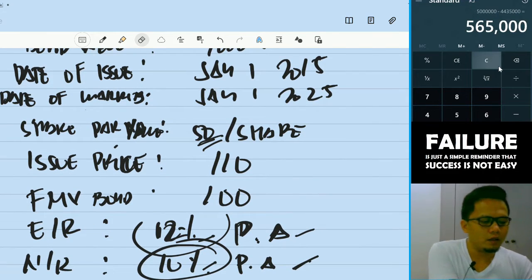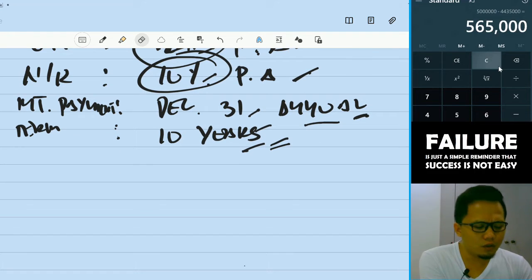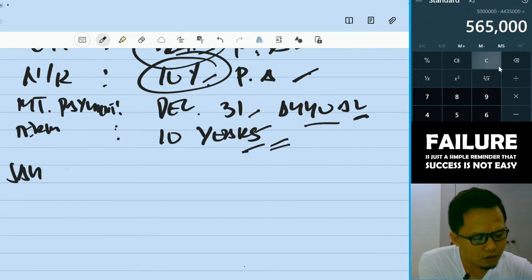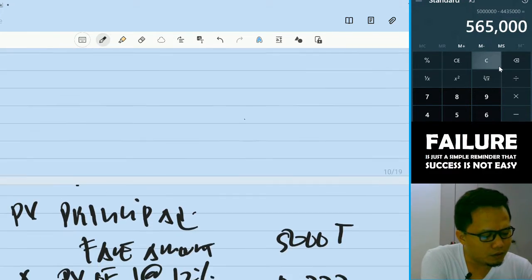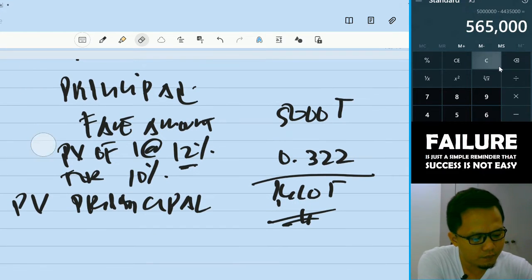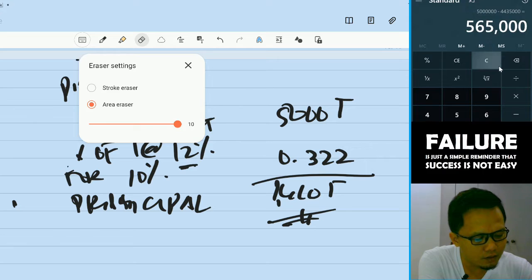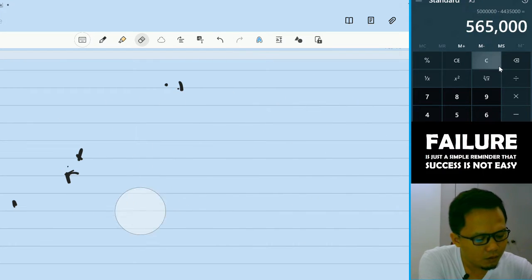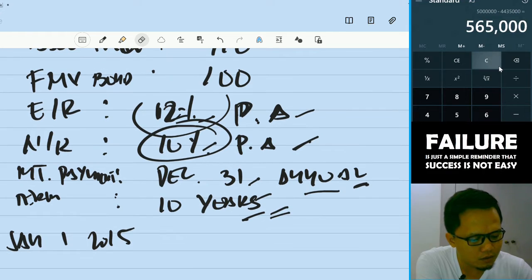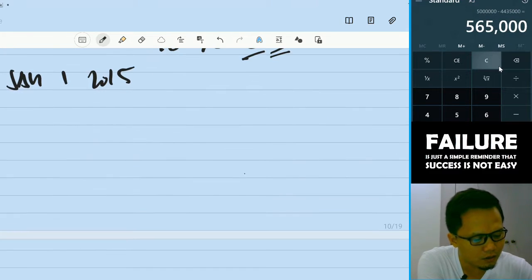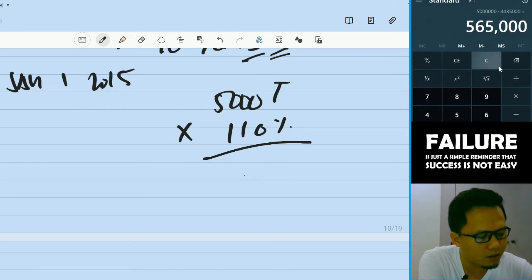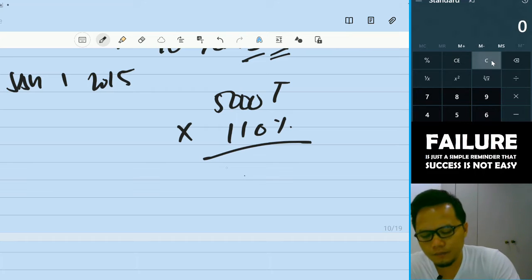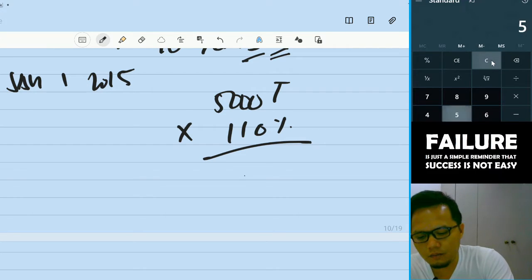So, same procedure on the date of issue, January 1, 2015. The allocated price is at 110, so we compute that as 5 million face amount times 110%.